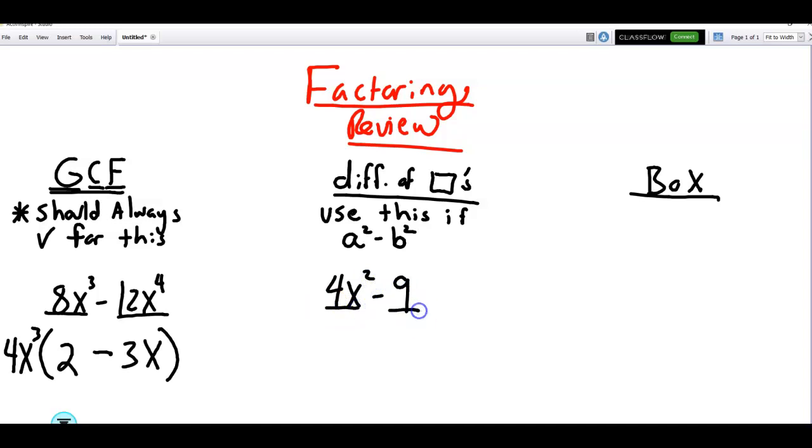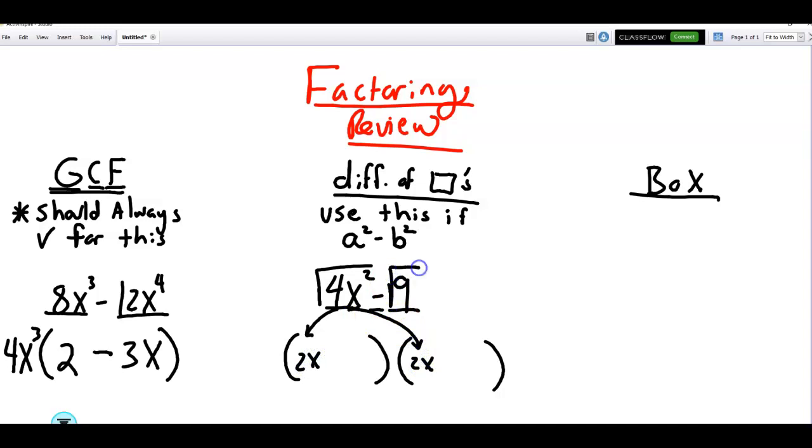Both of these are perfect squares, and they are being subtracted from each other. So how this method works is you take the square root of the first number, and that's what goes here and here. You take the square root of the second number, and that's what goes last in each set of parentheses, and you make one a plus and one a minus. Okay? So that is the difference of squares method.